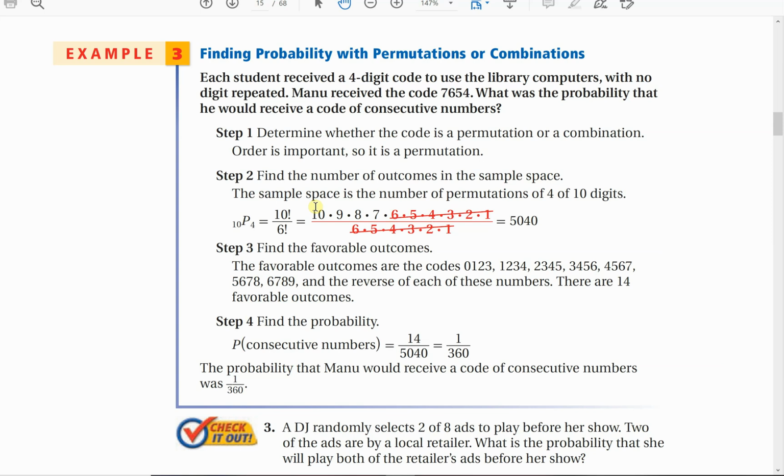So what would be the probability that he would get consecutive numbers? It would be 14 out of all the permutations, 5,040, which is 1 out of 360. So there's a 1 in 360 chance that he would get consecutive numbers.